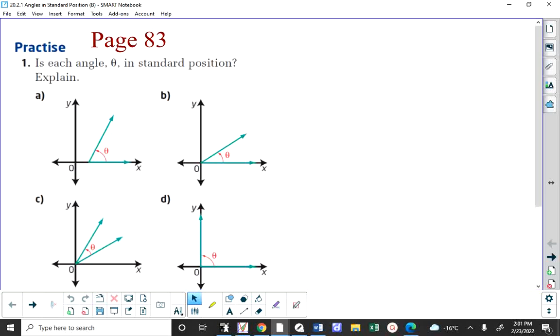The reference angle is the smallest angle between the terminal arm and the x-axis, wherever that is. Maybe it's so many degrees above the positive x-axis or below the positive x-axis or above the negative x-axis or below the negative x-axis.